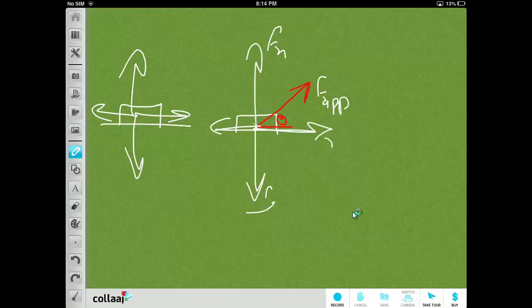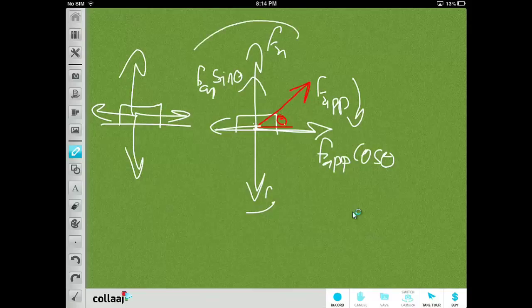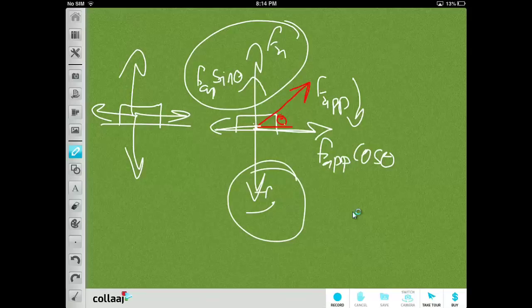So I have to get the F applied cosine theta because I am closing on the theta, and then F applied sine theta. Here, don't forget that you have two forces, you have to add them together and then subtract them from the Fg. Now you have right force and left force, also you can subtract them.